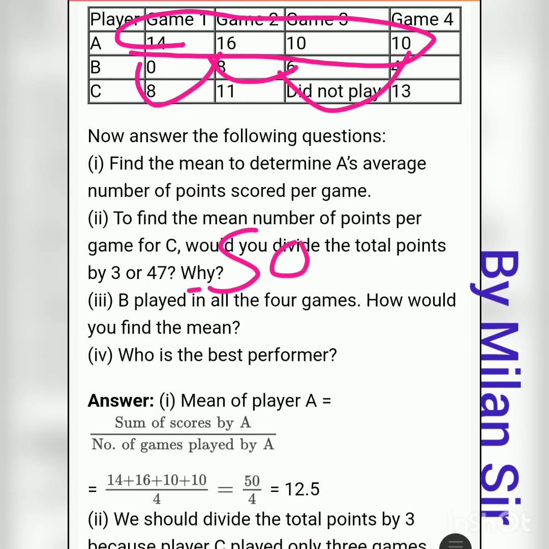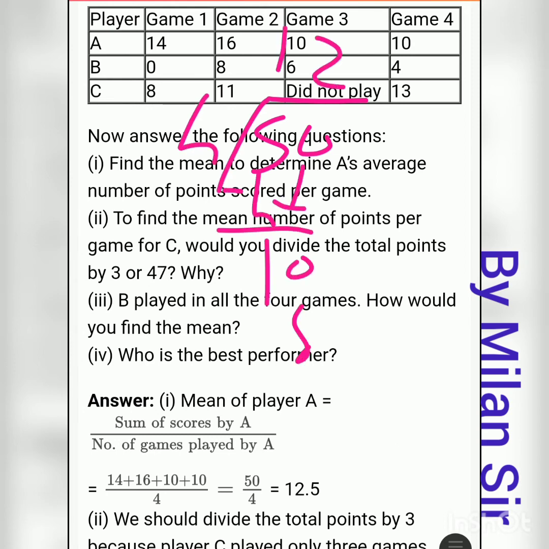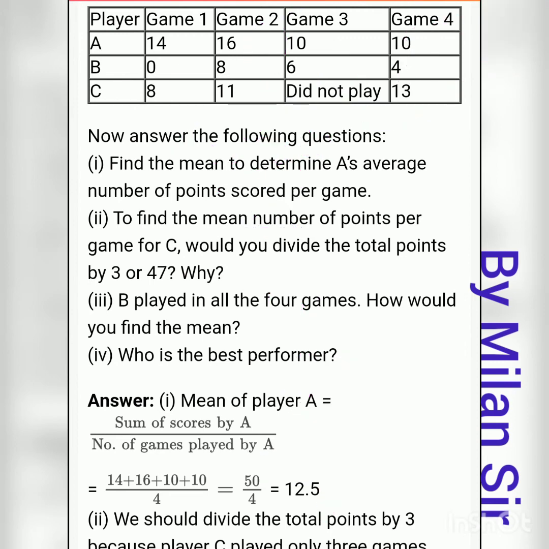So in the numerator 50 divided by 4. Now 4 ones are 4, 1, here 10, 4 2s are 8, 2 is the remainder, put one decimal point here, 0, 4 5s are 20. So the answer is 12.5. So 12.5 is the answer of the first question.